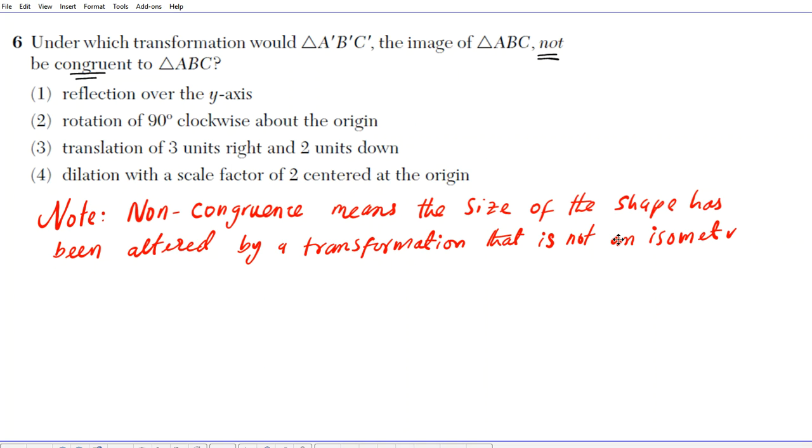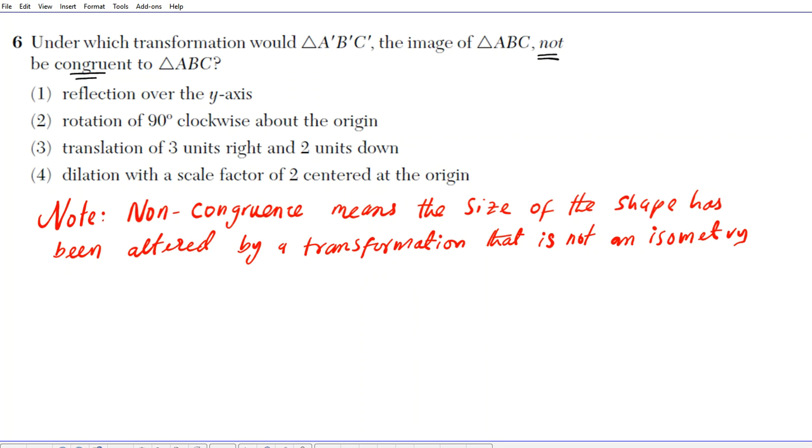If you think about the word isometry, iso means the same, metry means measurement. So isometric transformations preserve the size, the measures of the sides and angles. But any kind of transformation that's not an isometry alters the size of the figure, either the sides or the angles, and it results in situations where you do not have congruence.